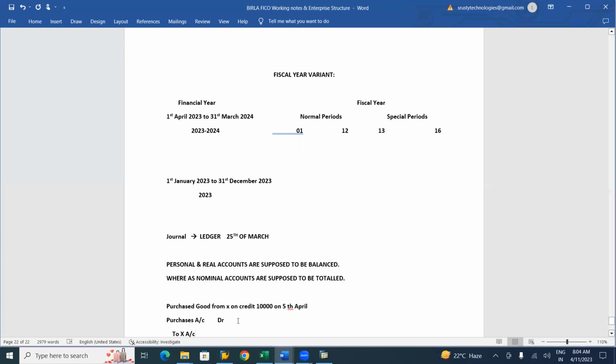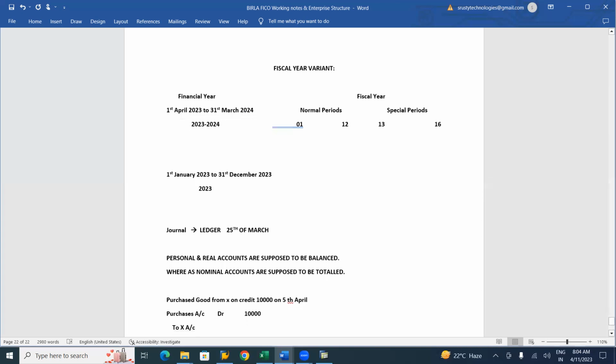Shivani, can you please read it once again? Purchased goods from X on credit 10,000 on 5th April. So the entry would be purchase account debit to X account. Is it correct, everyone? I want an answer from everyone.